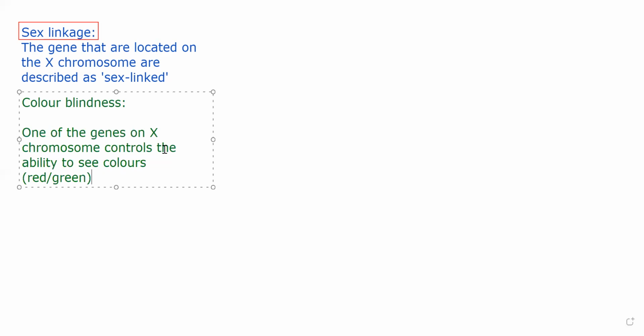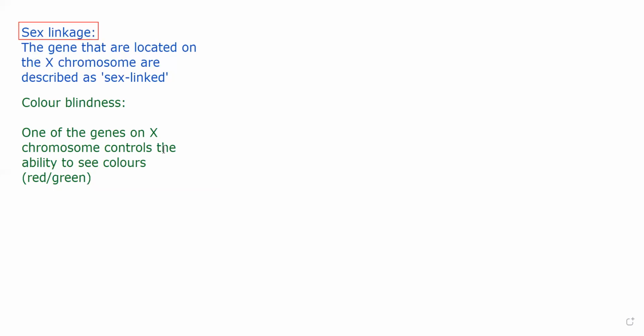Any girl or woman who is heterozygous will have normal color vision. Males only have one X chromosome, so if they have inherited the recessive allele, they will be colorblind. Let's see how it is done.